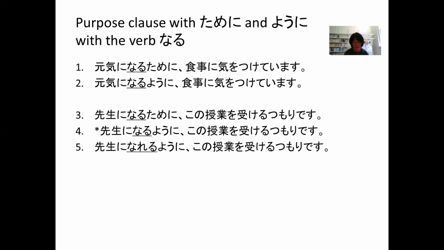Genki ni naru means something like get better in sentence 1, while it means something like be healthy in sentence 2. Sentences 3, 4, 5 show that difference in the degree of controllability of becoming a teacher. This concludes this video presentation.